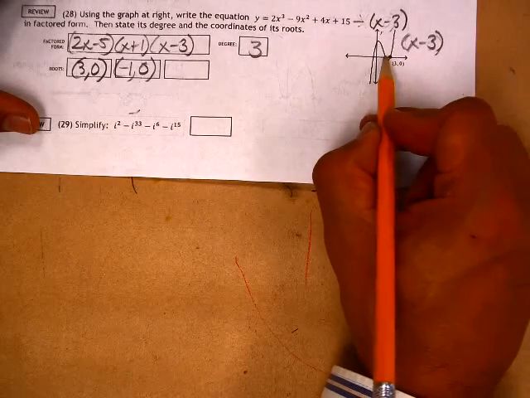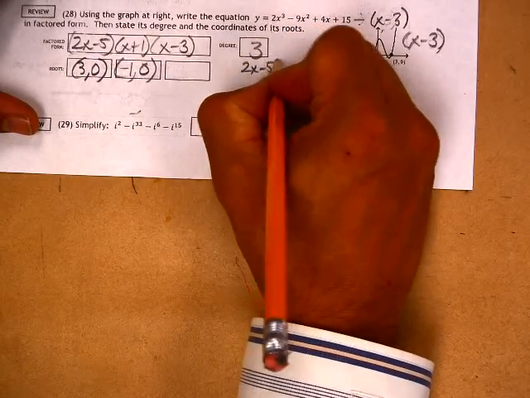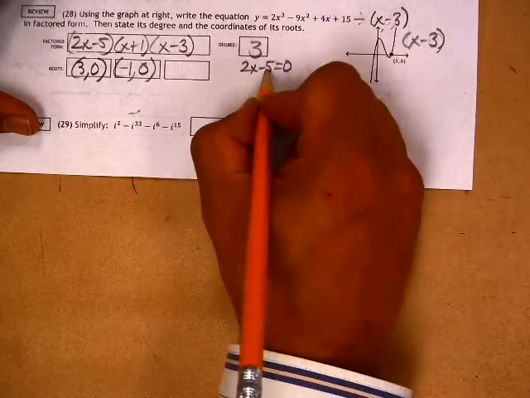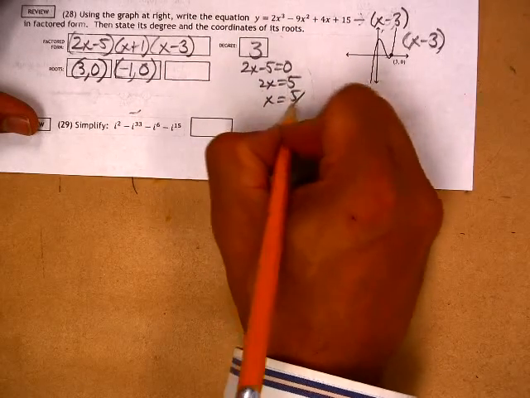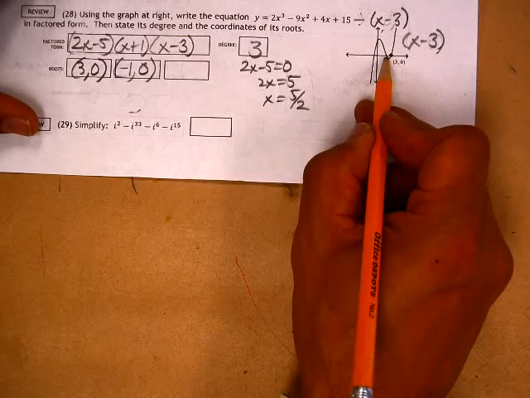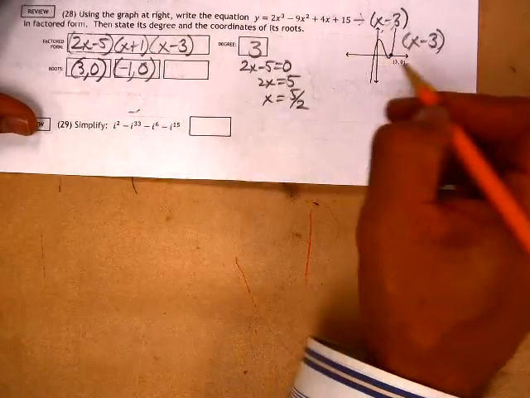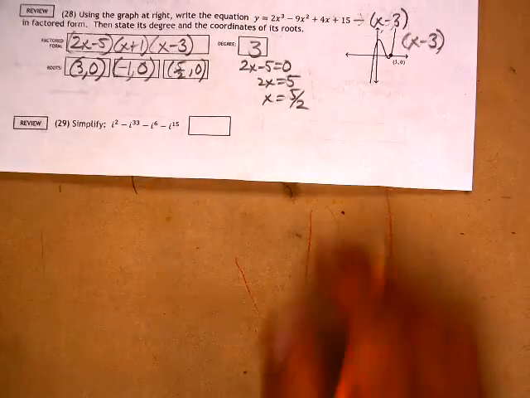Now this root right here will come from this one here. So I set 2x minus 5 equal to 0. I add 5 to both sides. I divide by 2. So x equals 5 divided by 2, or 2.5. So that looks like about 2.5. So we'll write that as 5 over 2 comma 0.